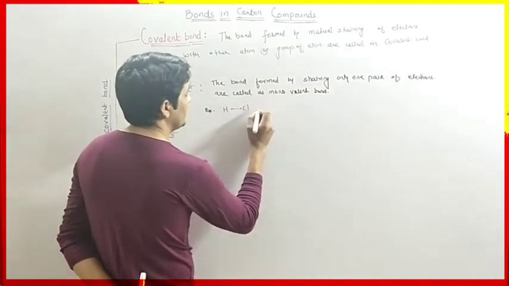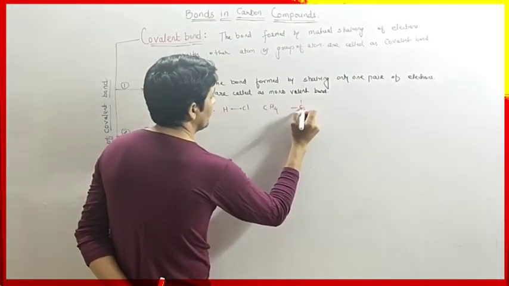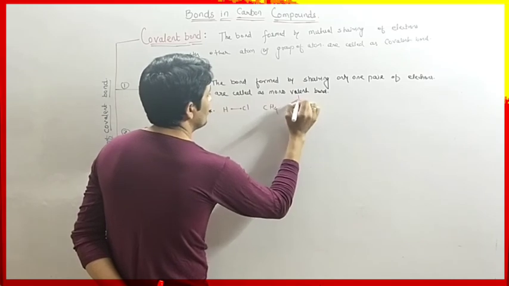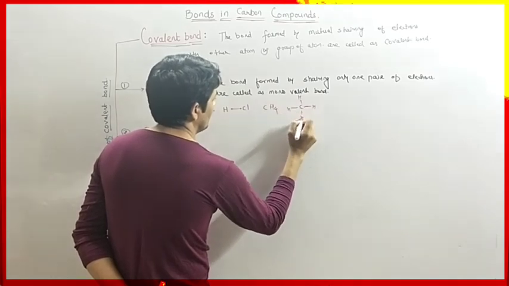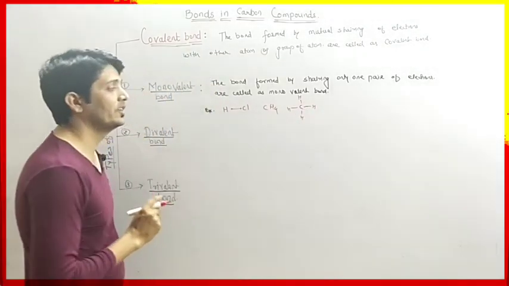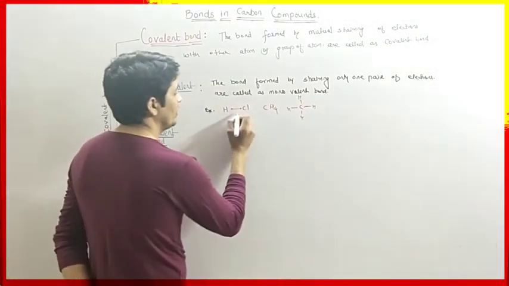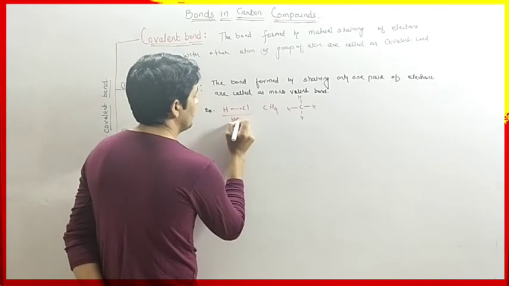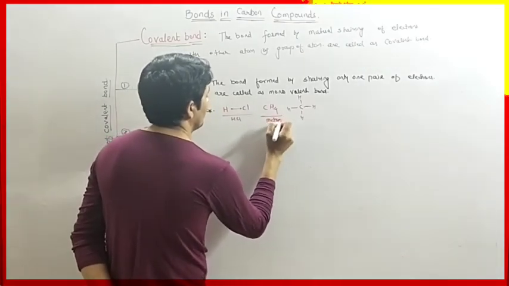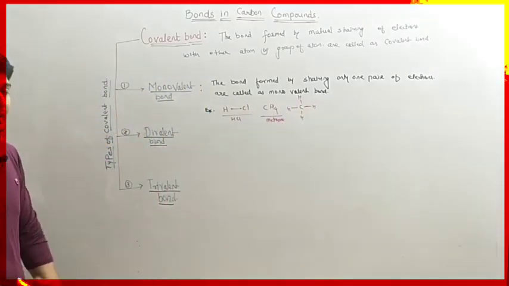In case of methane, CH4, 4 different monovalent bonds are present. Here carbon and hydrogen have only one bond, that means they share only one pair of electron. So in HCl and in methane, all monovalent bonds are present.